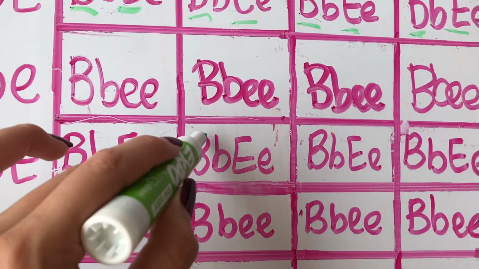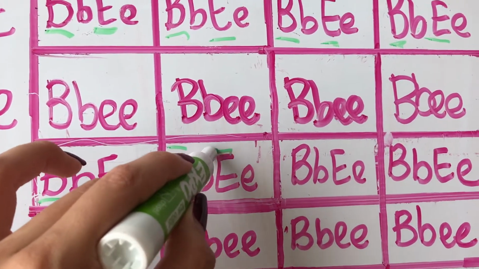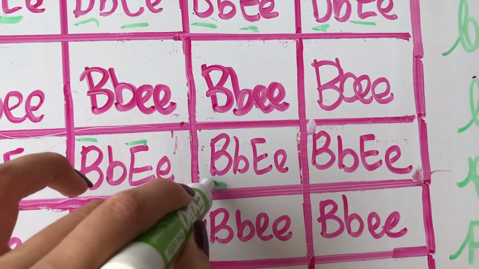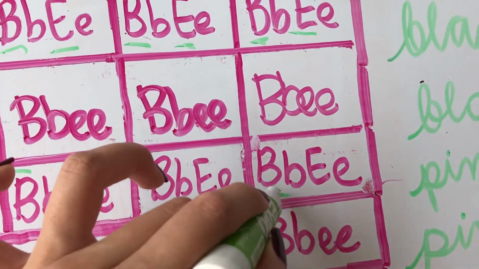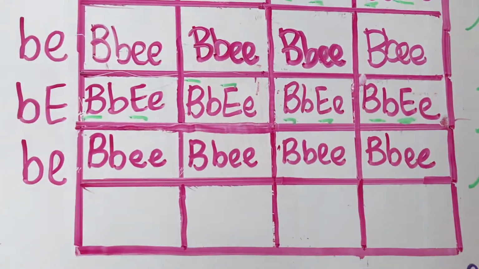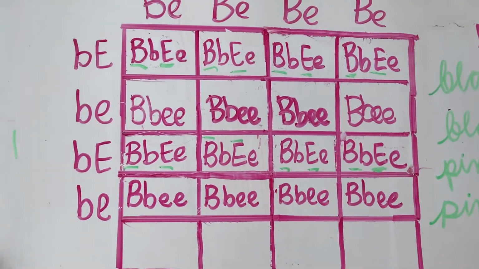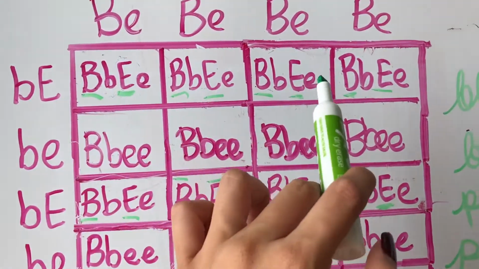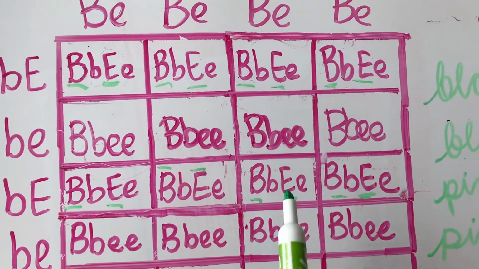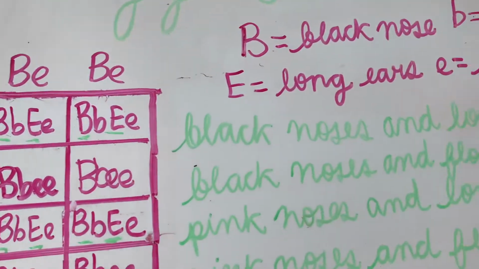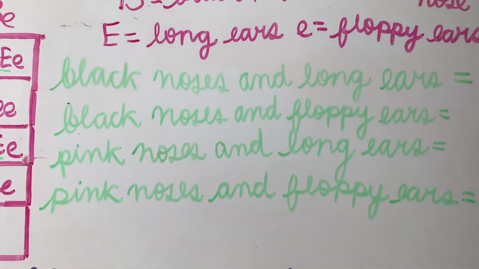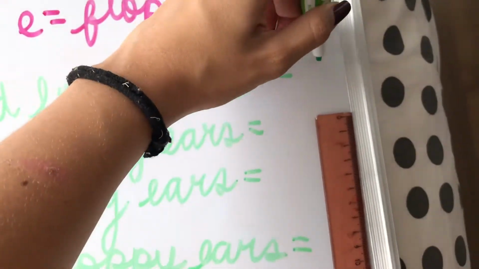This one. This one. This one. This one. This one and this one. And no more. Right? So there will be 1, 2, 3, 4, 5, 6, 7, 8 that will have black noses and long ears.